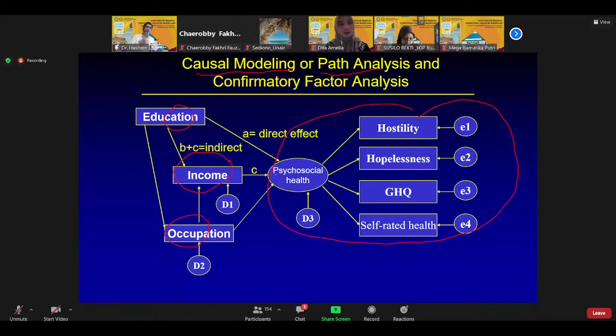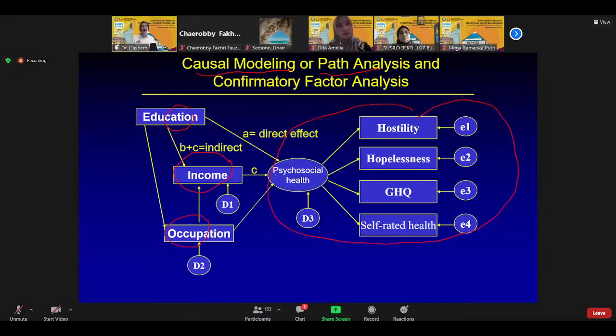So actually, path analysis and structural equation modeling, all of this, in path analysis, which is structural equation modeling, there is a path among the research variables, right? I hope until here you understand the differences between path analysis and structural equation modeling.